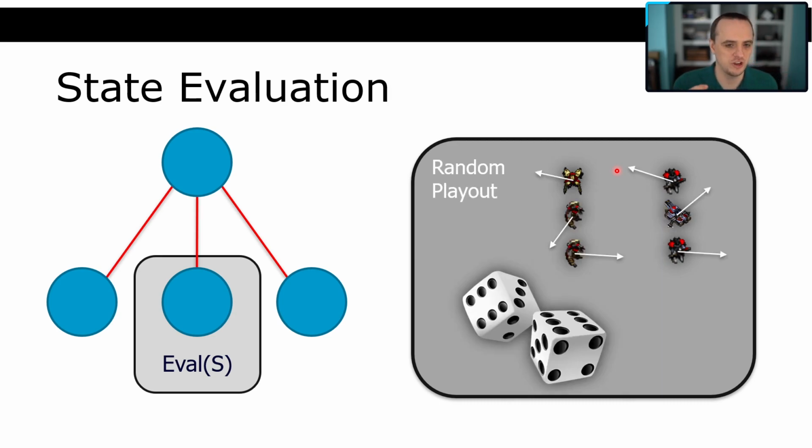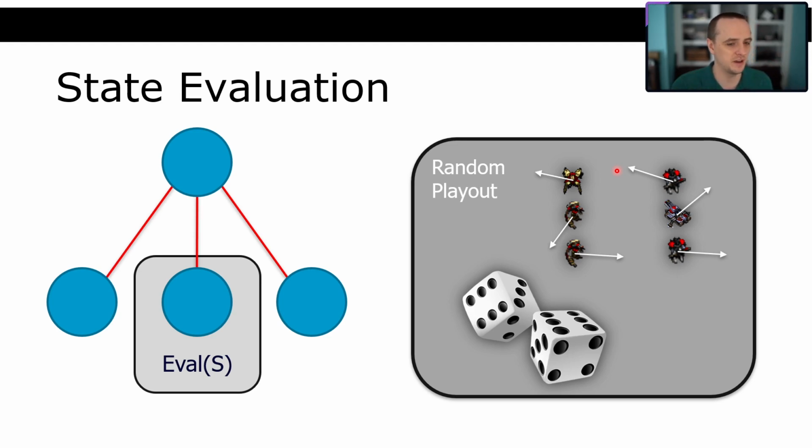One thing researchers have tried is to say, well, if one person is ahead and one person is behind, if we do a random playout, meaning if we go to the end of the game with both people making random decisions, and we do that some number of times, then the person who was winning should win most of those games, right?